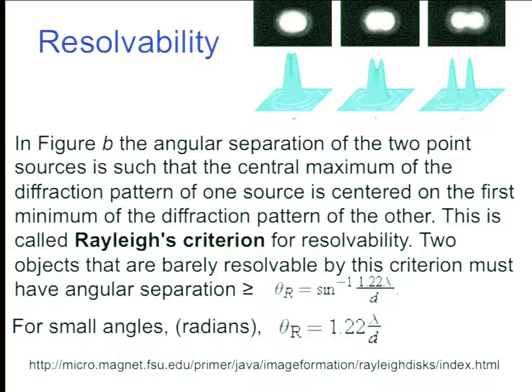Which is known as resolution, or when are the spots resolved? In other words, one of my favorite examples is in art.